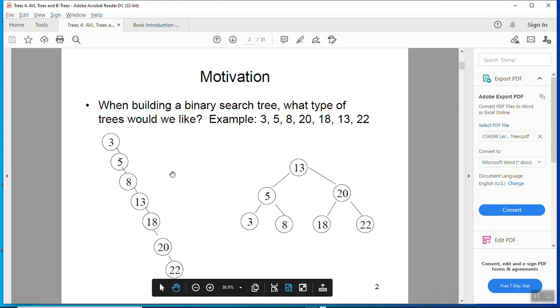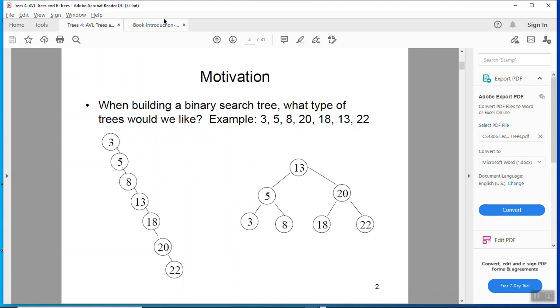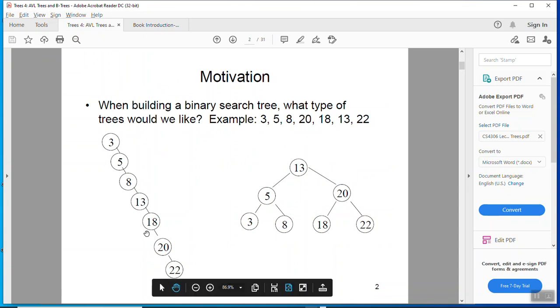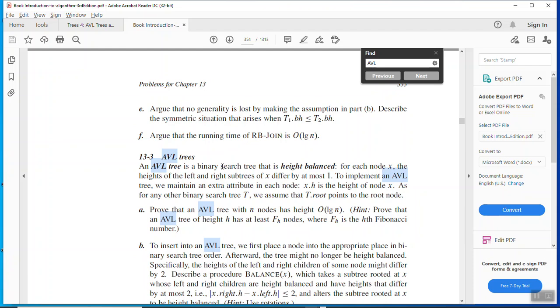So this is the problem in BST: it does not guarantee to be searched in logarithmic time, because BST does not guarantee to be balanced. But an AVL tree is a binary search tree whose height is balanced.